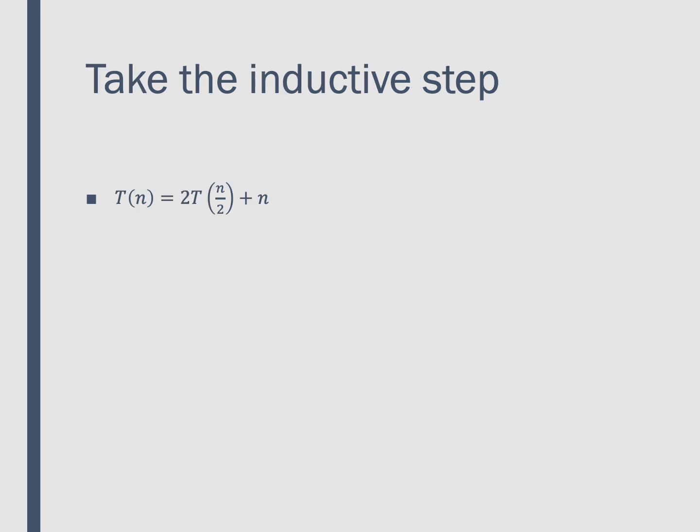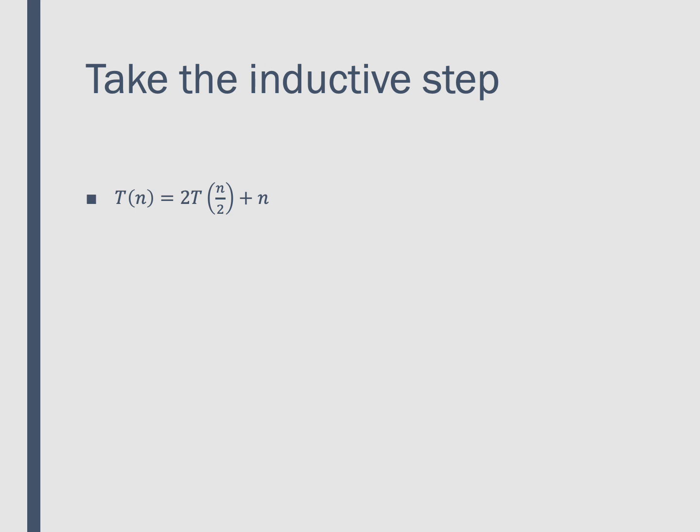So let's see here, if we take the inductive step, let's say you are using this example. The recurrence we are working with is 2T(n/2) plus n.